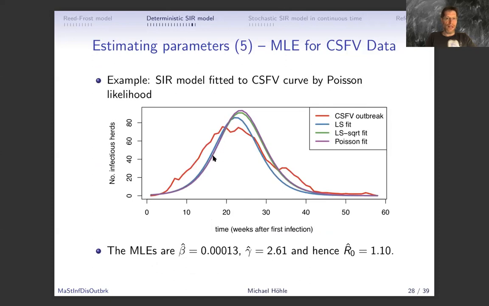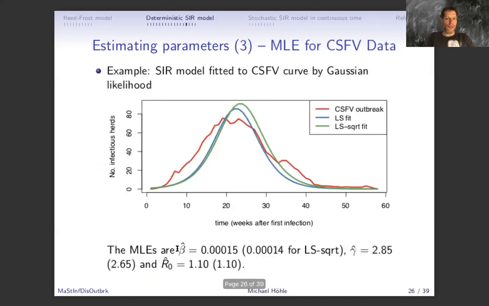Here, this is the blue line or the magenta line, and you had the least square fit, the green one, with the square root transform. There is not much of a difference between these two fits. They're still not very good. You get estimators in all cases here for beta hat, gamma hat, and R naught.